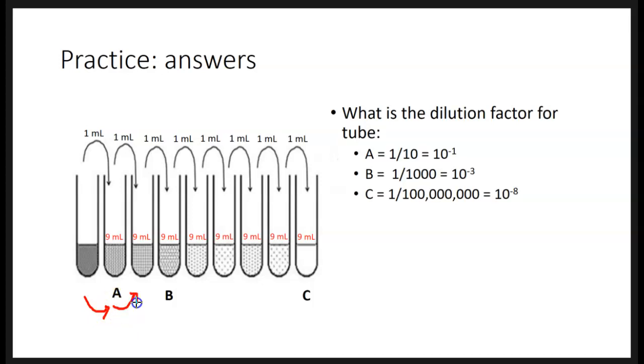We make a 1 in 100, and then a 1 in 1,000. So B is 1 in 1,000, or 10 to the minus 3. We did another tenfold, so that's 10,000. Another tenfold is 100,000. Another tenfold is 1 million, then 10 million. And finally, C is 1 in 100 million, or 10 to the negative 8.